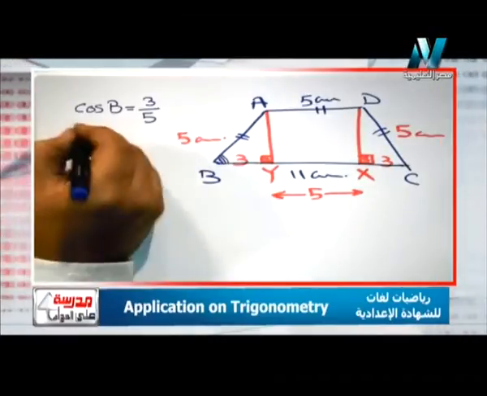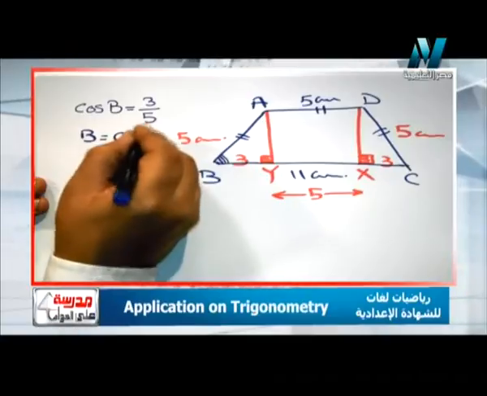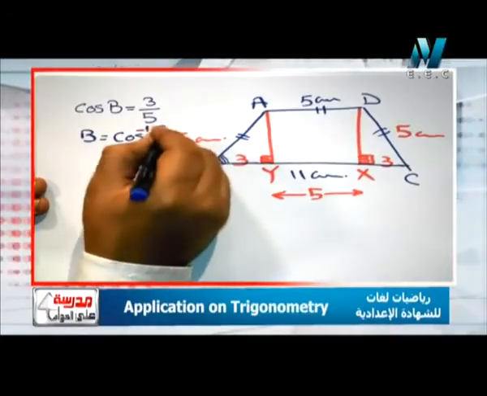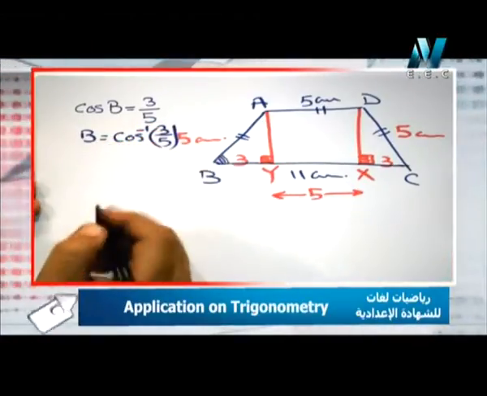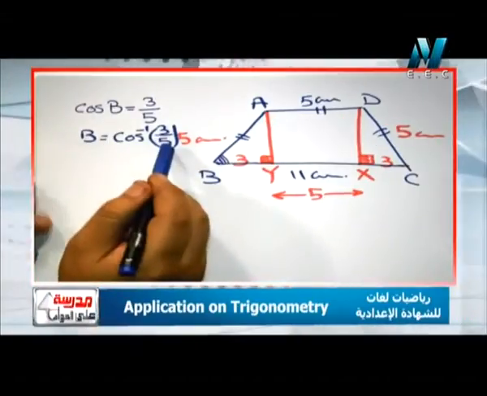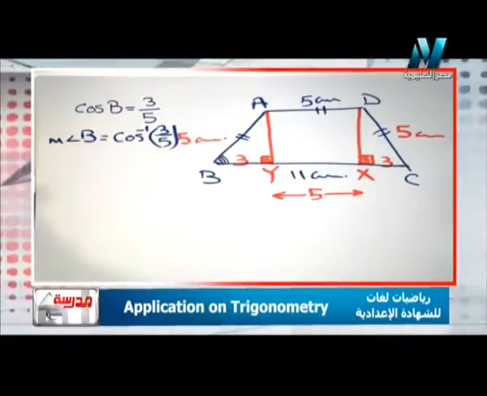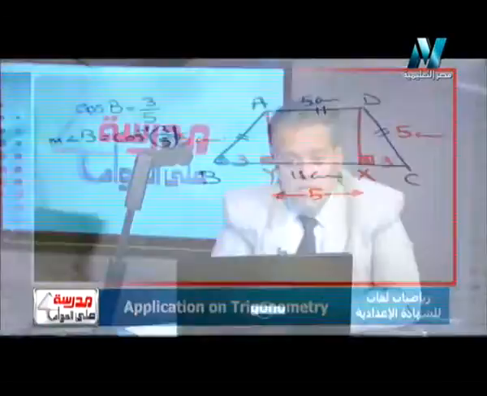Again, we are going to use our calculator to find the angle whose cosine is 3/5. So I'm going to write the inverse of cosine of 3/5 gives me the measure of angle B. Simply use your calculator: the first step is to press shift and press the cosine button.